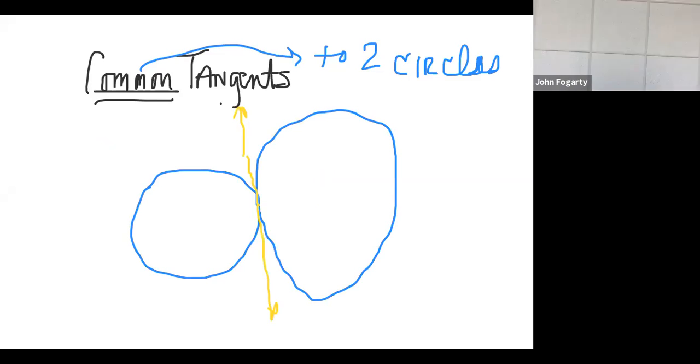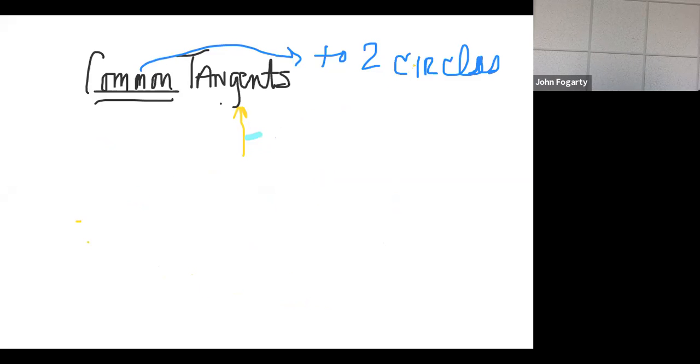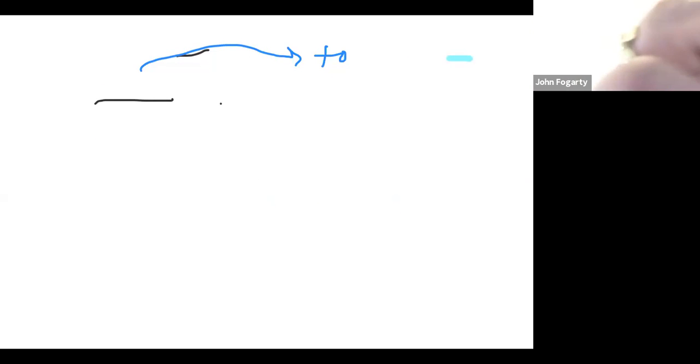That's the tangent, right? It's the tangent there. Now I could have another one here, and another one here. So there's a lot of different things that you could see. Make sure you understand what a tangent is, and that a line might actually be tangent to other ones.